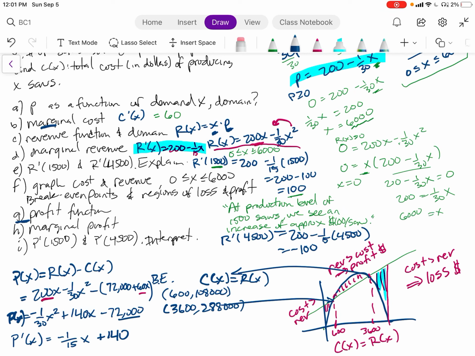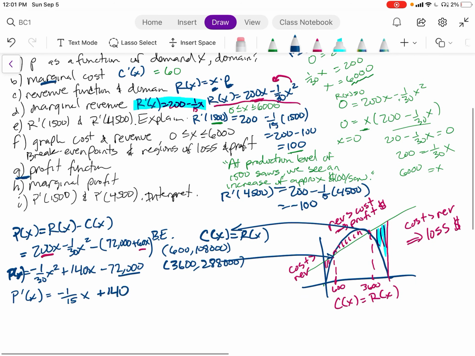The last part is to substitute 1,500 and 4,500 into the marginal profit function we just did. So P prime of 1,500.